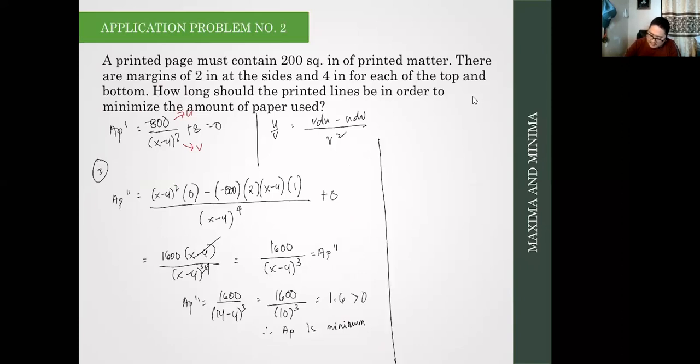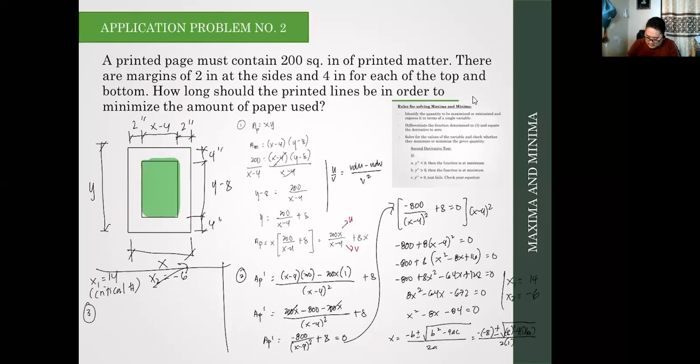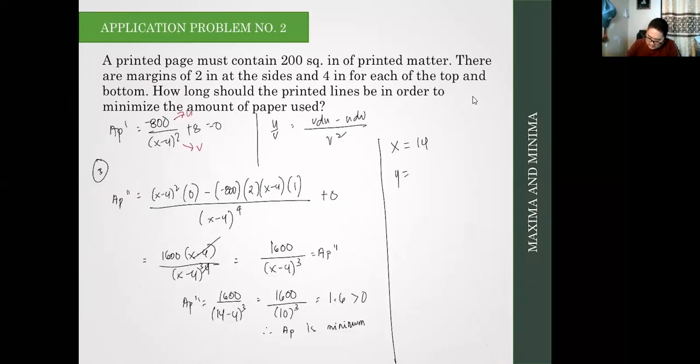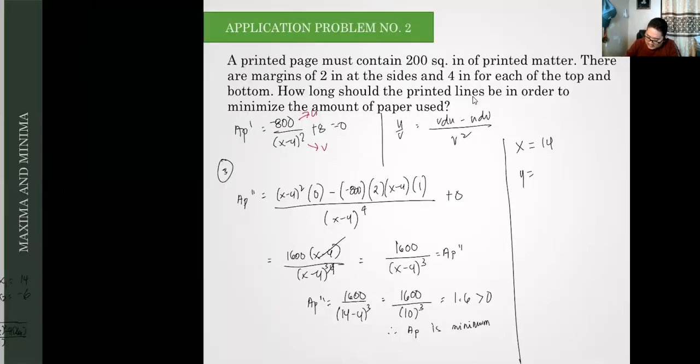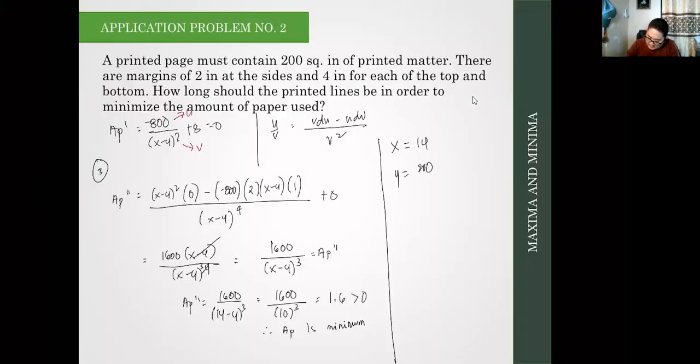So meron na tayong value na x is equals to 14. Okay? Kukunin natin yung value ni y. So y is equals to 200 over x minus 4 plus 8. So this will be 200 over 14 minus 4 plus 8. So 200 all over 10 plus 8. So this will be 20 plus 8 is equals to 28.